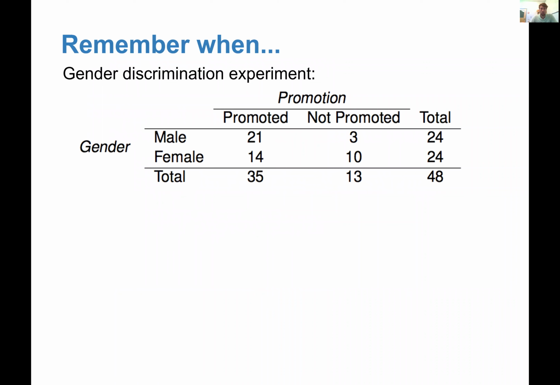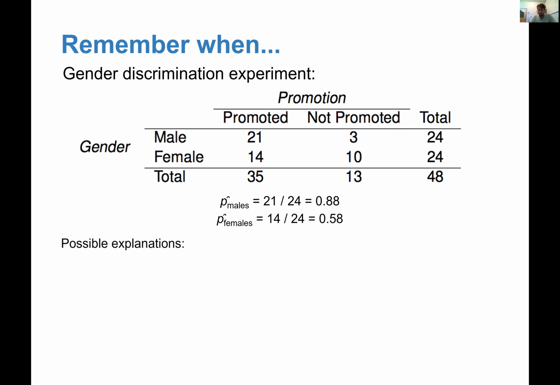Going back, do you remember we did this case study with gender discrimination from a study from the 1970s? We found that p hat, the sample proportion, was 21/24 for males, so 0.88, and for females it was 14/24, 0.58.